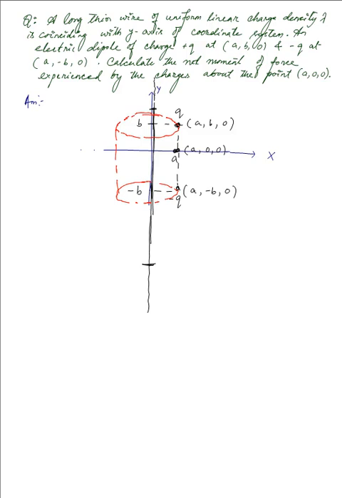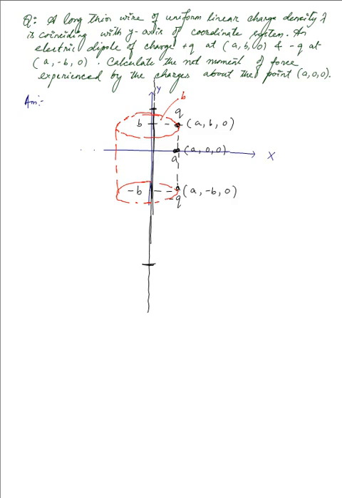So we construct a cylindrical Gaussian surface symmetrical about the y-axis as well as the x-axis. With that we have the radius of that cylinder to be equal to b. So this is the radius of that cylinder, and the charges are enclosed within it. Whatever charge lies within that surface, we will be able to determine the electric field at those points.